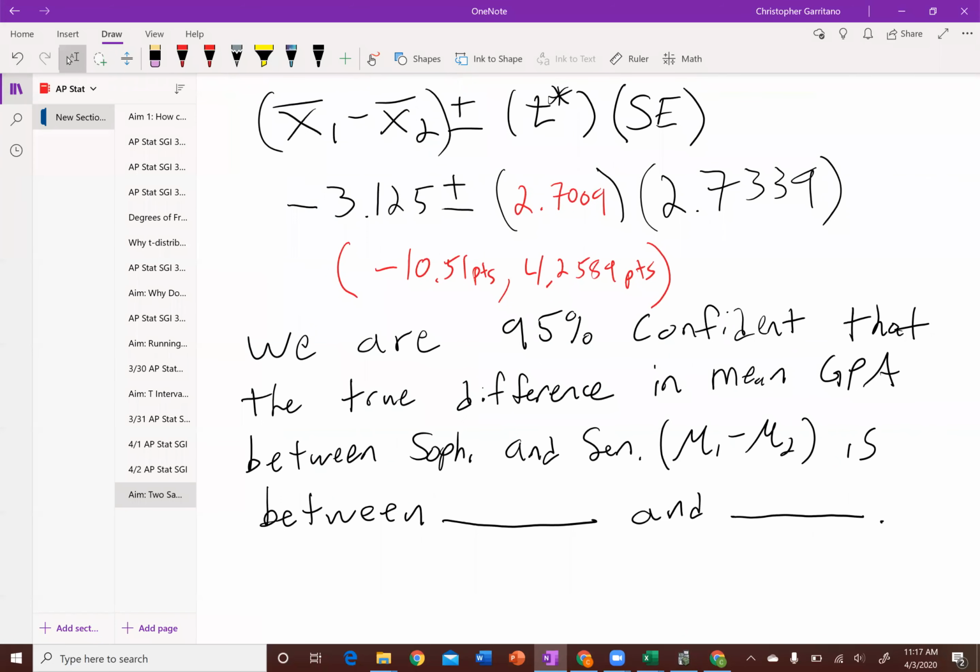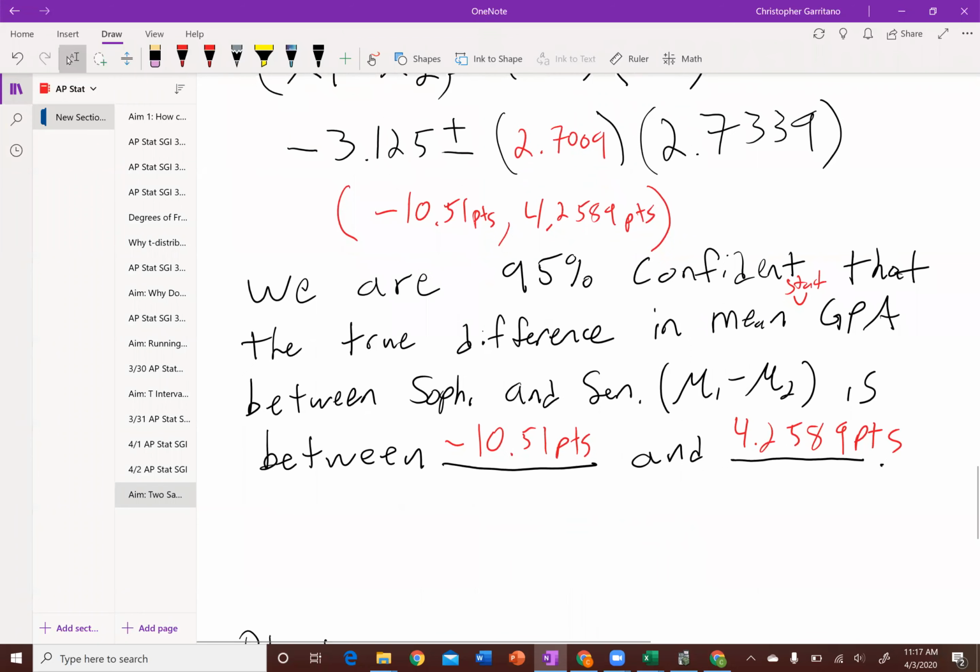Well, basically it says that we are 95% confident that the true difference in mean stat GPA between sophomores and seniors, mu1 minus mu2, is between negative 10.51 points and 4.2589 points. Okay, that just interprets the interval itself.